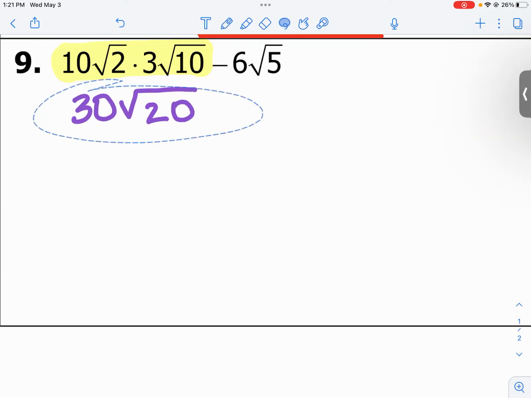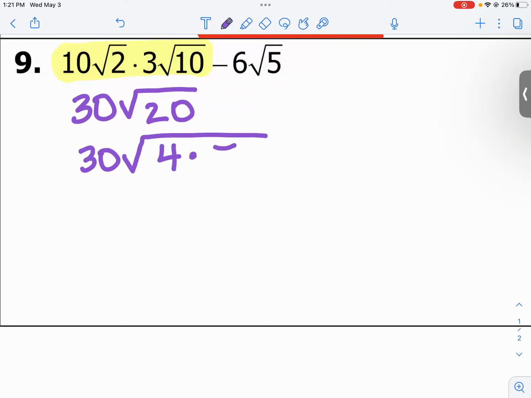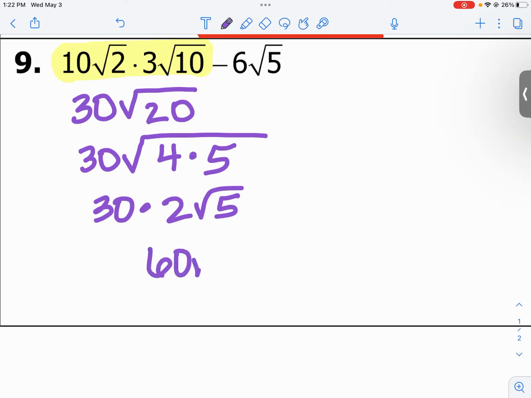You can do 5 times 4. 20 is the same thing as 4 times 5. Do you notice how the 5 is under the radical in our subtraction problem? Probably a good thing that we're getting a 5 underneath our radical here. So this becomes 30 times 2 radical 5, which is 60 radical 5, minus 6 radical 5, which is 54 radical 5.